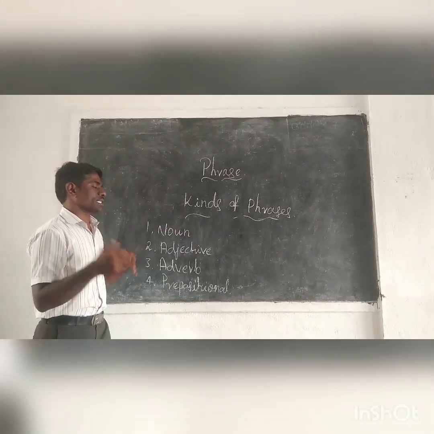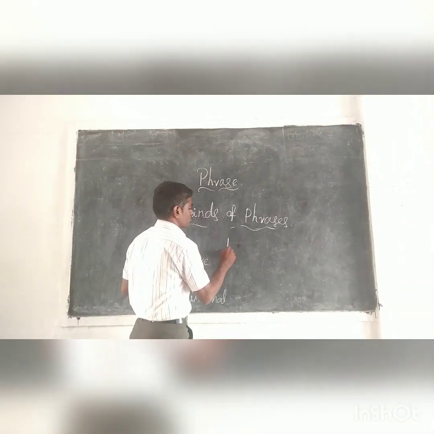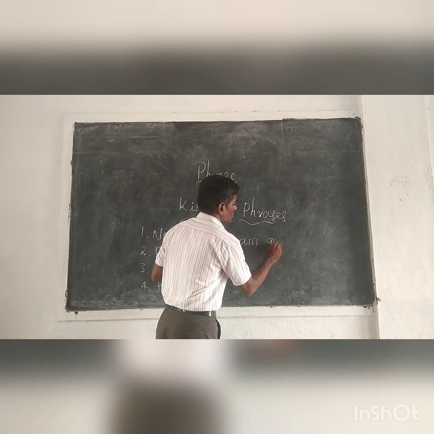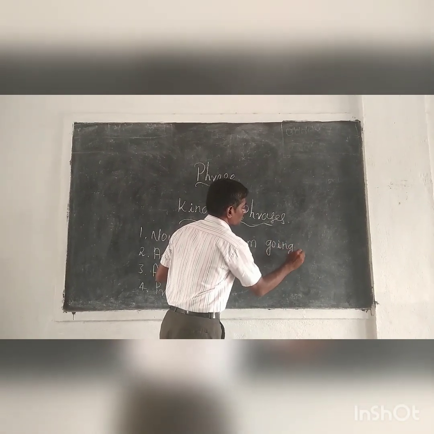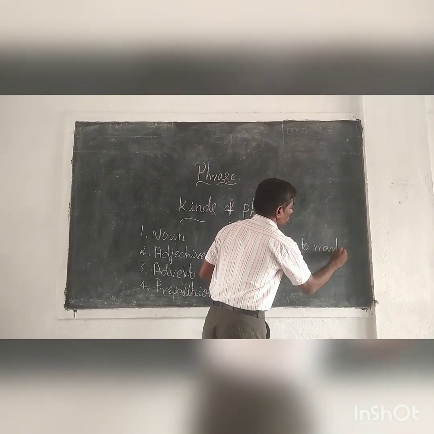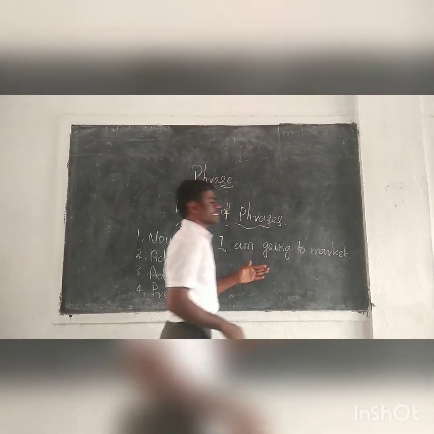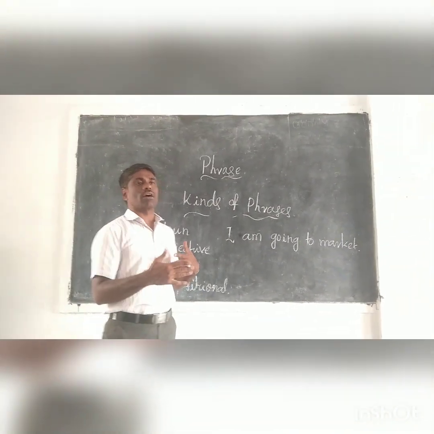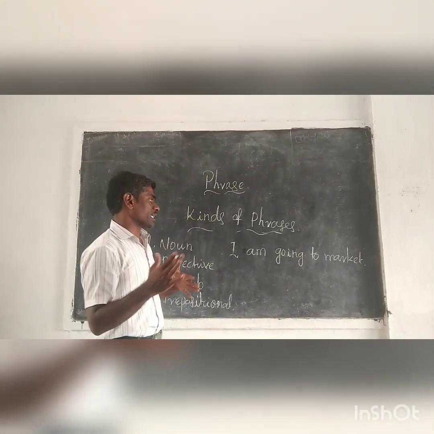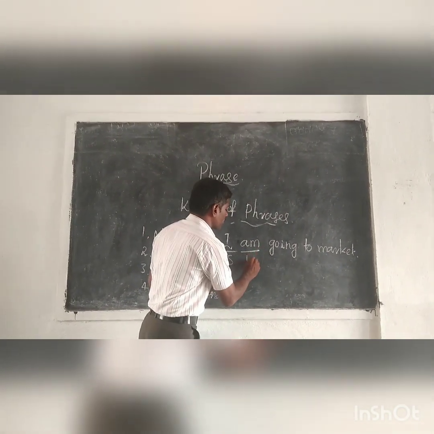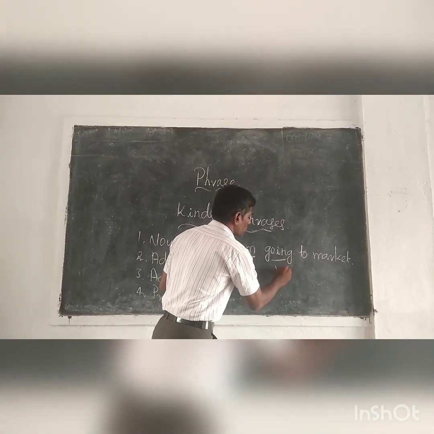For example, "I am going to market." It's a sentence, but the phrase is part of the sentence, a group of words. As already explained, "I" becomes the subject, "am" becomes the helping verb, and "going" becomes the verb.